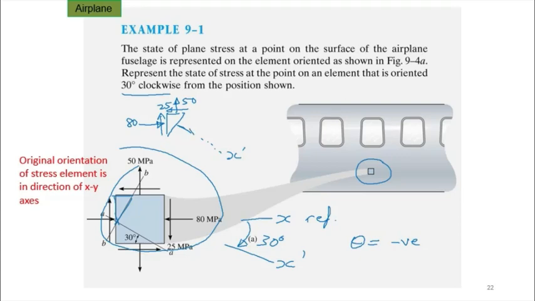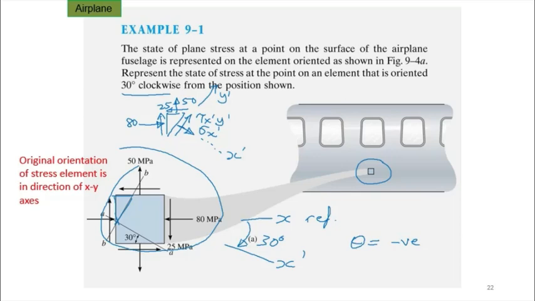So we need to find the value of sigma x prime and also tau x prime y prime. Because if this direction is x prime, then that direction is y prime, right? So finding equilibrium of forces of this triangular element will give us the solution for sigma x prime, tau x prime y prime.